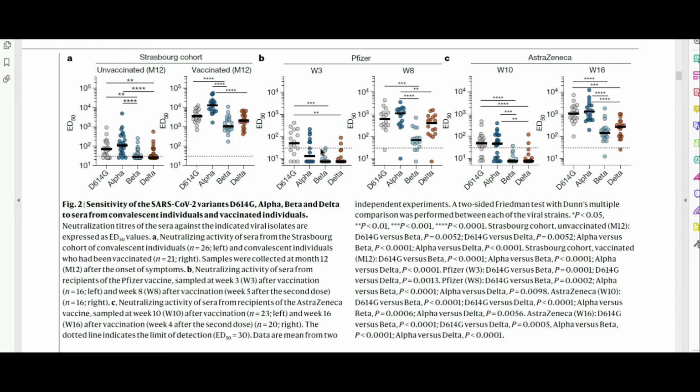And so in orange is the Delta variant. And so we can see that these two vaccines are effective against the Delta variant. And then over in A here, we see that just being vaccinated at all is effective against the Delta variant and the other variants as well.